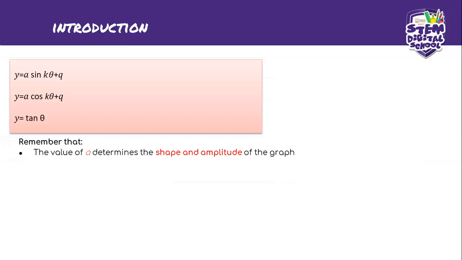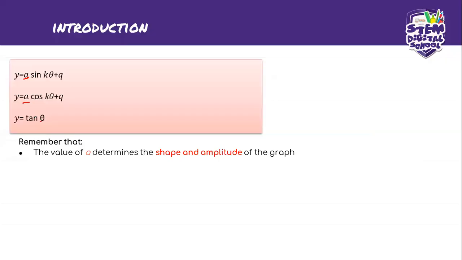Now, you should remember that the value of a in this case determines the shape and the amplitude of the graph. Let me just highlight it. I'm referring to this and this one. How does it affect the graph? It determines the shape and the amplitude of the graph.